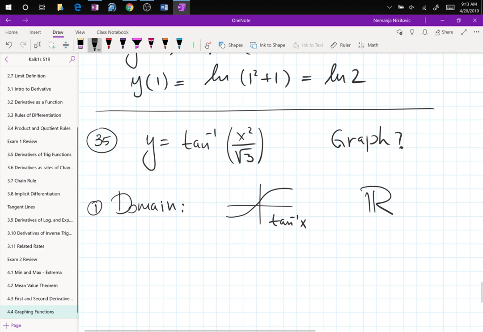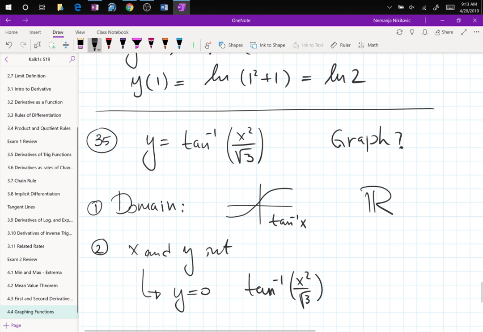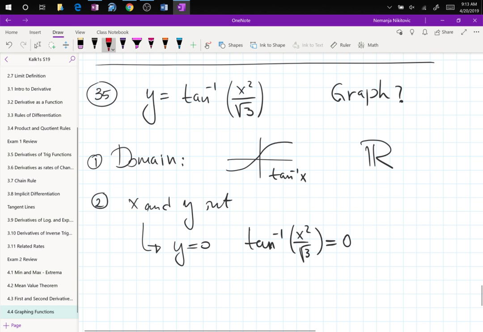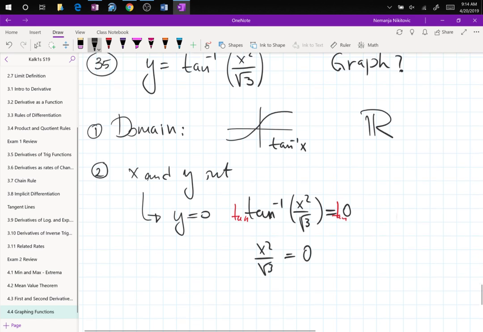So that's number one. Number two, x and y intercept. For the x-intercept, we set y equal to 0, which means tangent inverse of x squared divided by square root of 3 equals 0. We hit this with a tangent on both sides, and we have x squared over root 3 equals tangent of 0, which is 0.